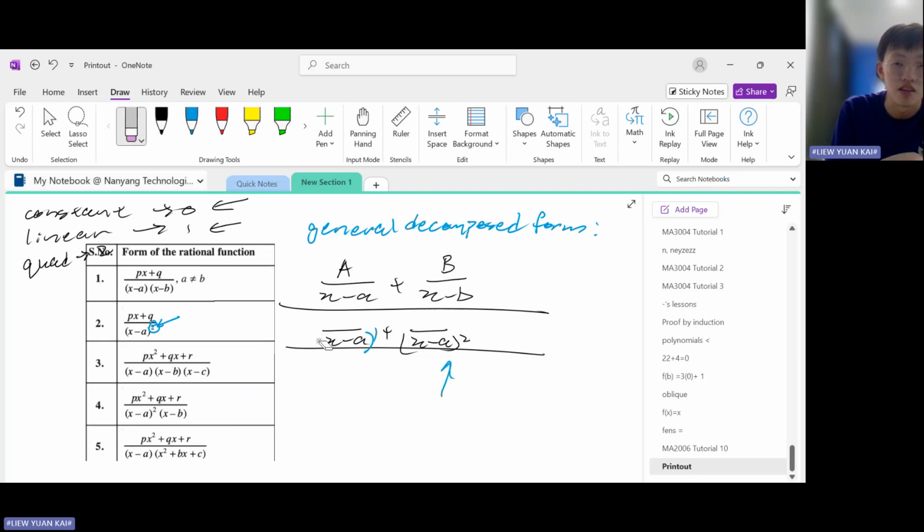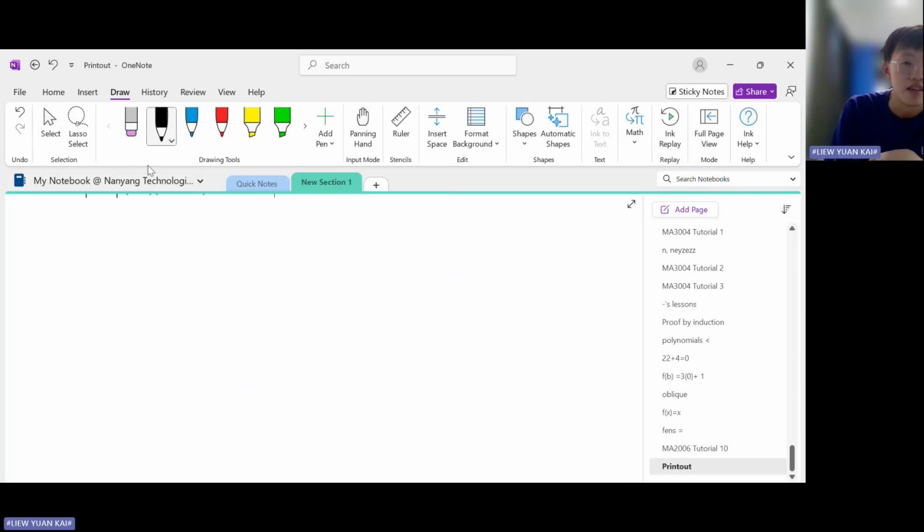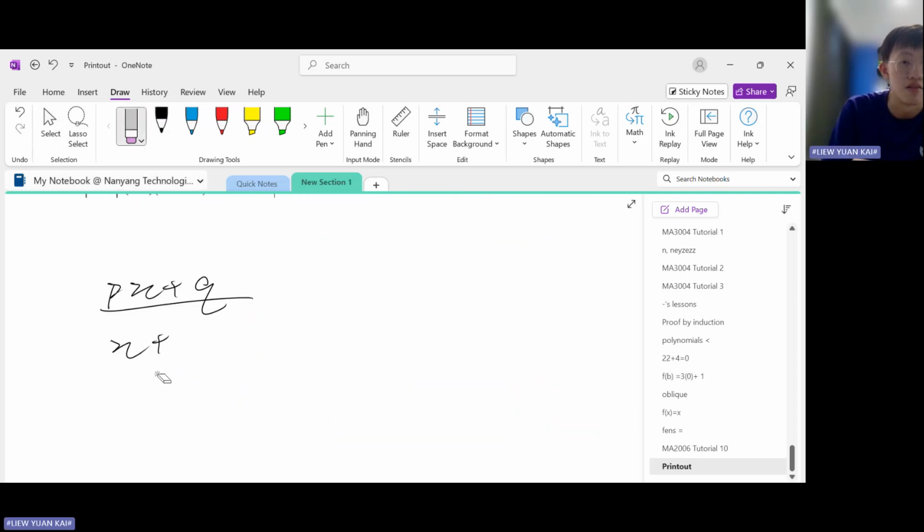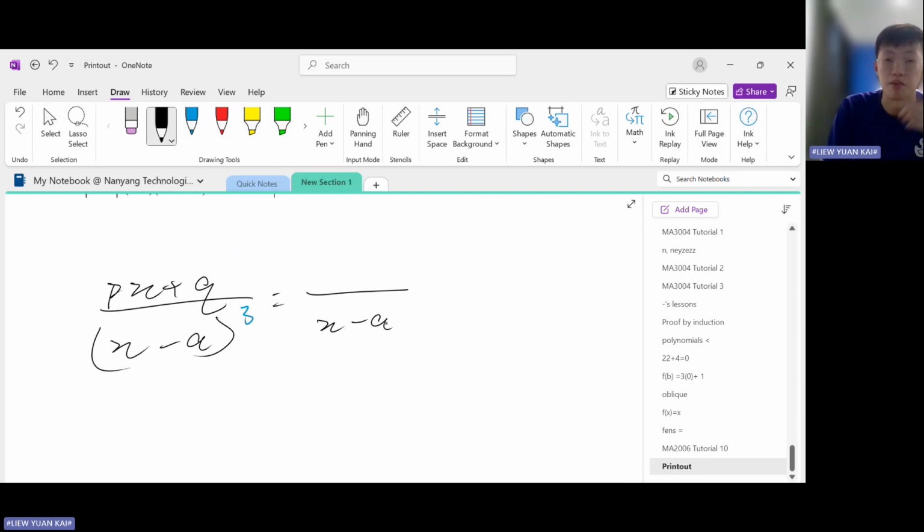Okay, so let me give you a similar example. So let's say instead of power 2, now this is power 3. So what would that look like? First will be x minus a to the power 1.